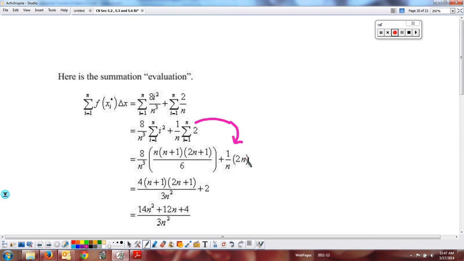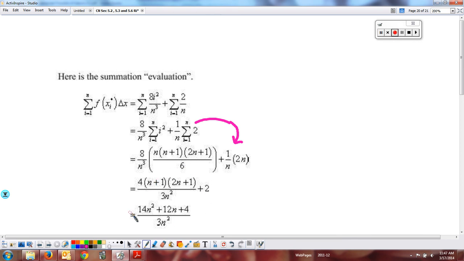There is a special summation formula for i squared and i cubed, which is why we break these up. You would memorize these formulas if you were in BC Calc, but we're in AB, so we're not going to worry about it. We're just demonstrating that this summation gets replaced with this little closed formula, and that's what it's equal to. And then we do a little simplifying.